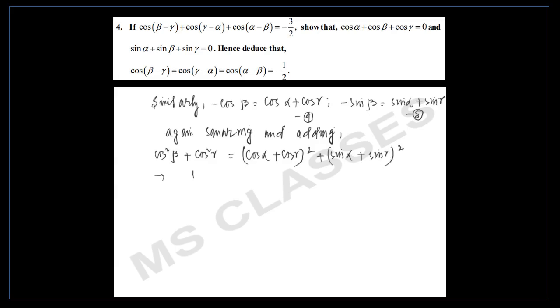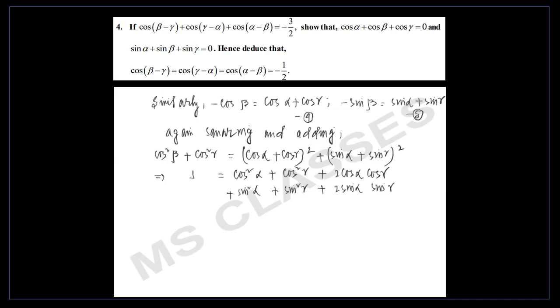This is 1. This is giving us cos square alpha plus cos square gamma plus 2 cos alpha cos gamma plus sin square alpha plus sin square gamma plus 2 sin alpha sin gamma.